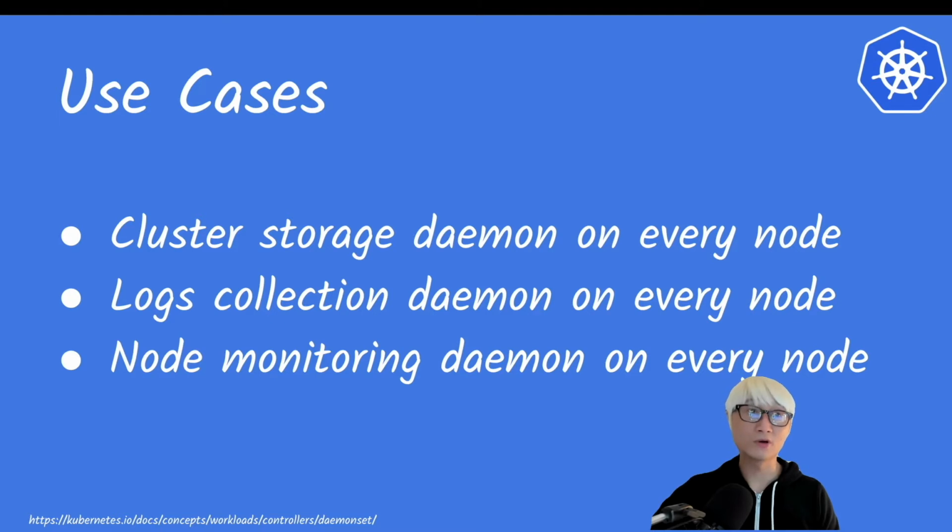Also, a log agent: in a traditional architecture, maybe you need to install a log agent which aggregates all metric data from each server and then transfers it to a centralized log server. It's the same concept, with the log aggregation daemon pod automatically running on top of each individual node. And the last one is a monitoring application pod on top of Kubernetes.